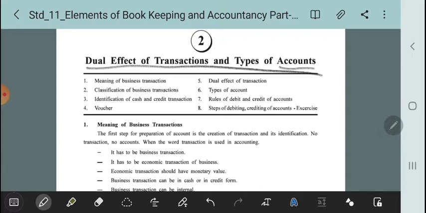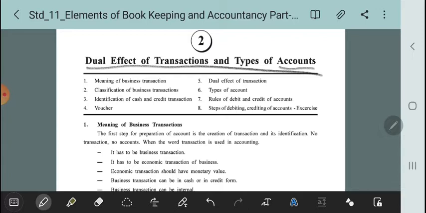The things in that particular account and the dual effect of business transactions will be discussed in this chapter.